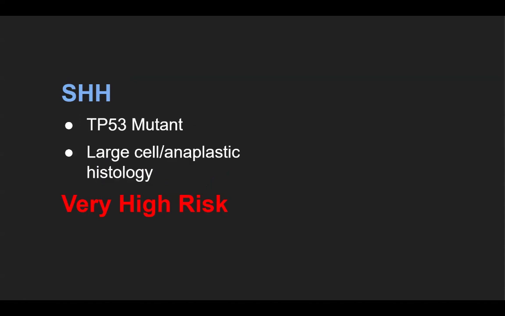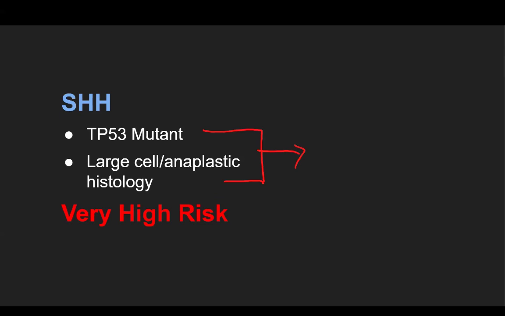They were not exactly well behaved when the histology were classic. Large cell or anaplastic histology is an independent poor prognostic factor. So when you add this plus this, it makes a very dangerous tumor because this is 1 plus 1 equals 11. There is synergy happening here.